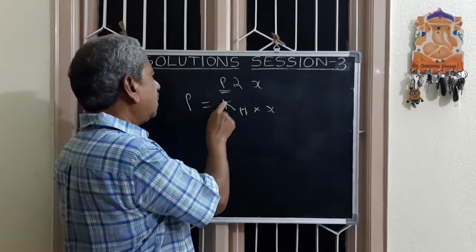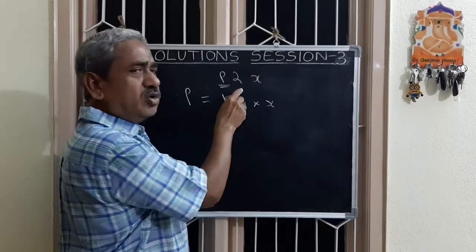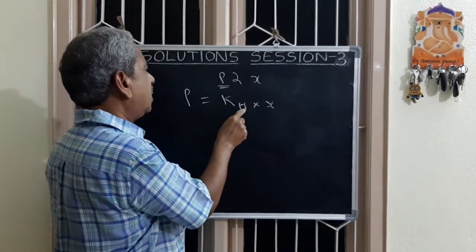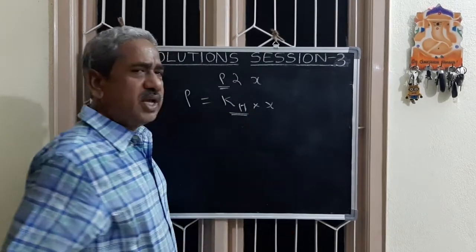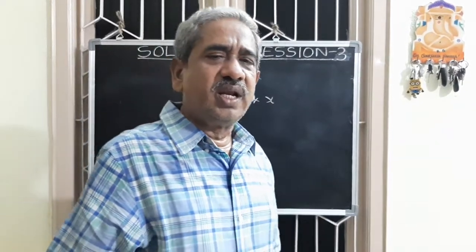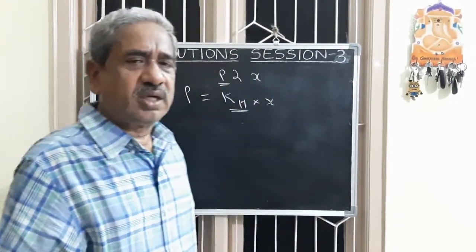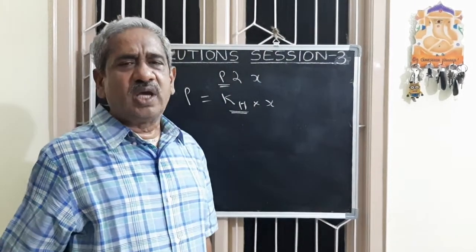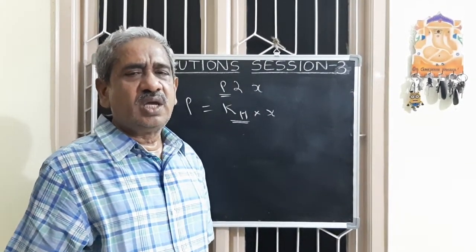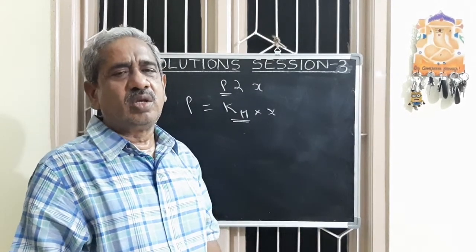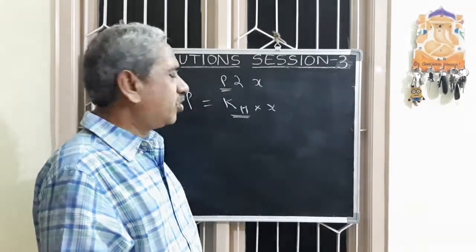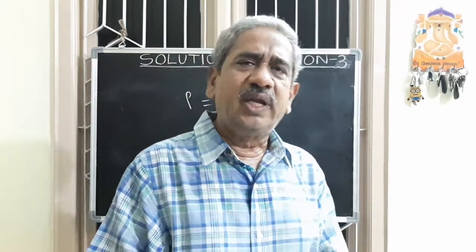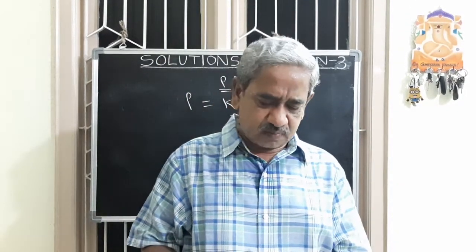When a constant is introduced in place of proportionality, this KH is known as Henry's constant. As the value of KH increases, the solubility decreases. This is another form of Henry's law, which explains the solubility of gases in liquids.